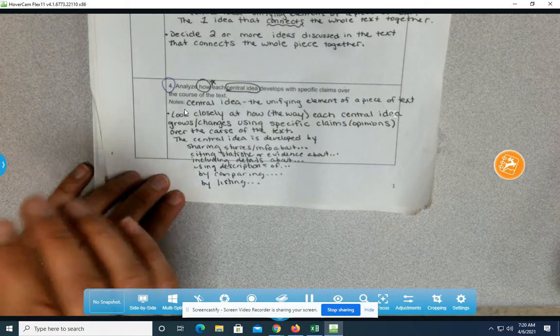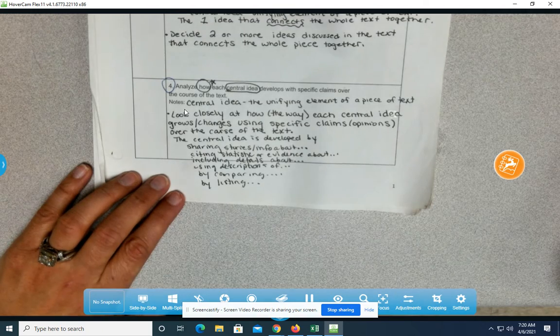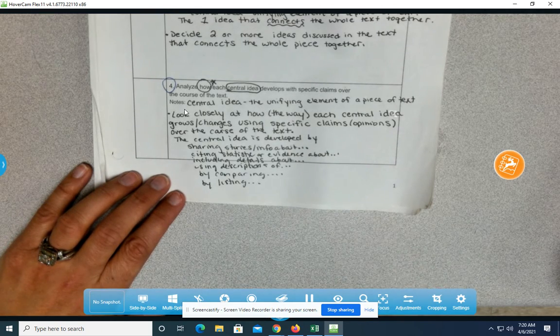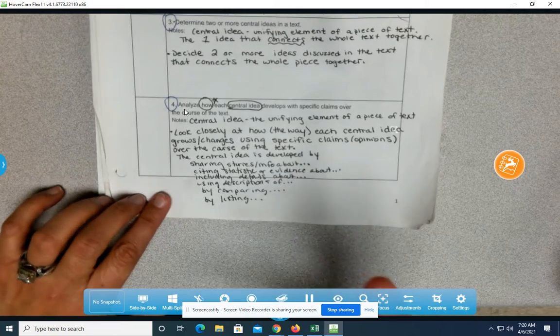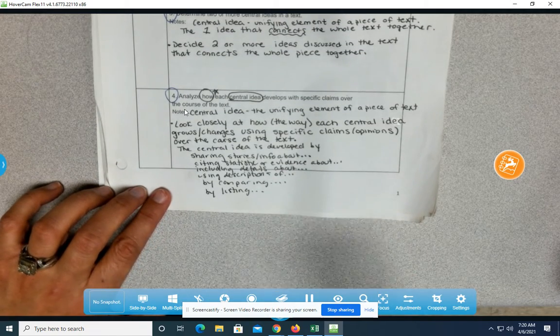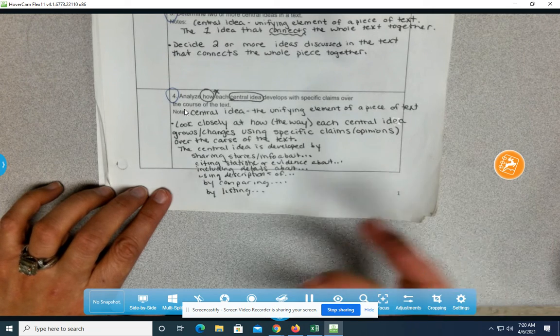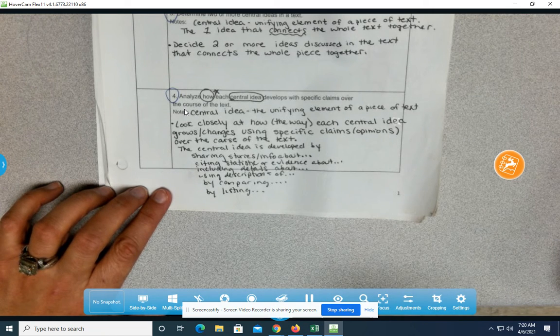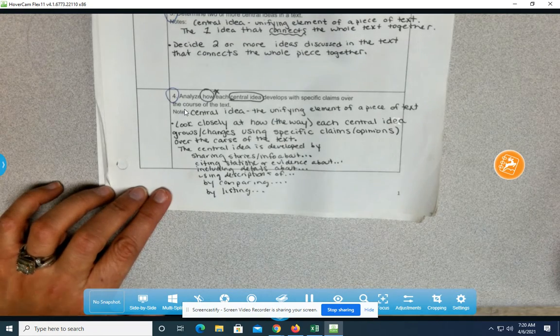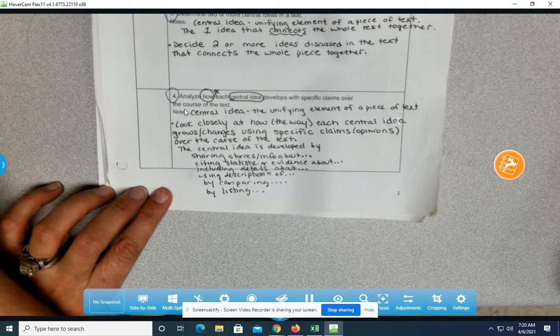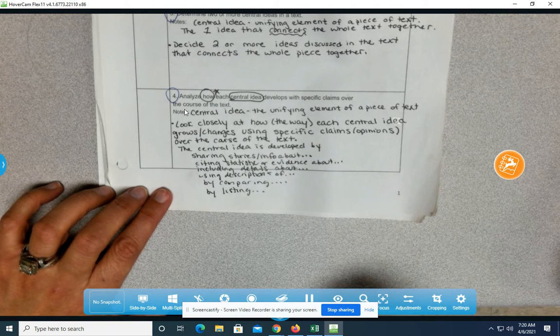So as the author is discussing their central ideas, they ultimately use specific methods, specific words, specific phrases, specific areas in their writing style to communicate these central ideas. Now, as you answer this question, we want to consider what is the author's stylistic technique that they use to communicate the central idea.